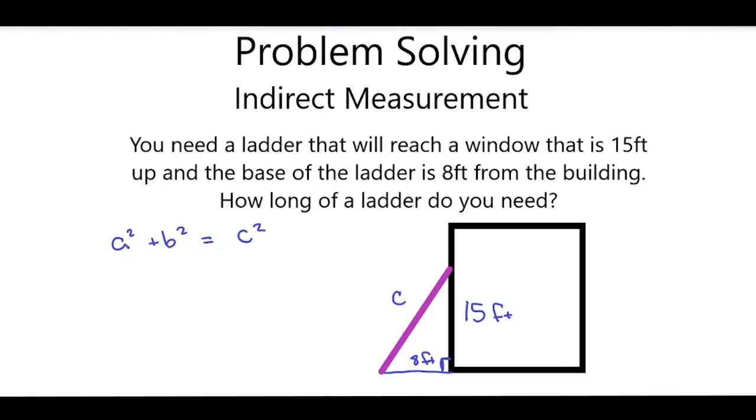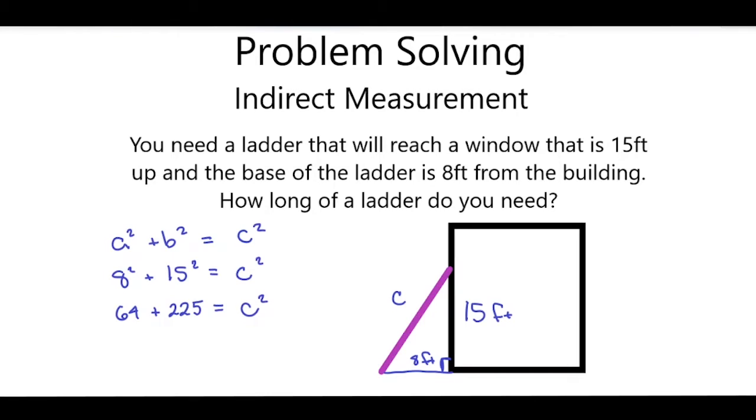And my short leg is a, which is 8. So we will say 8 squared plus 15 squared is equal to c squared. Well, we know that 8 squared is 64 plus 15 squared, which is 225, and that equals c squared.